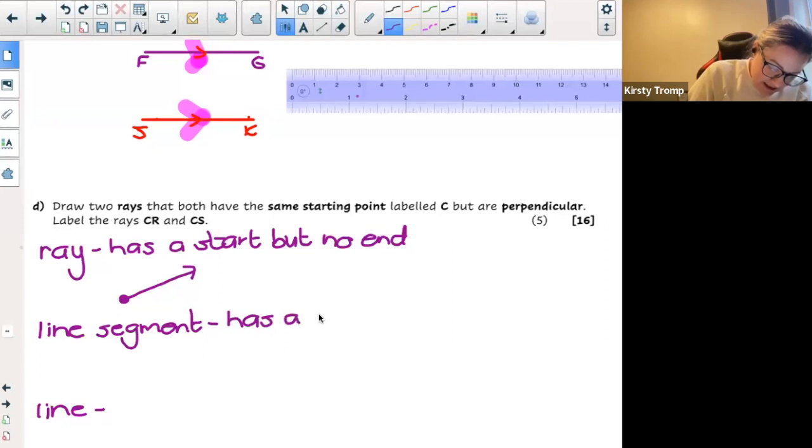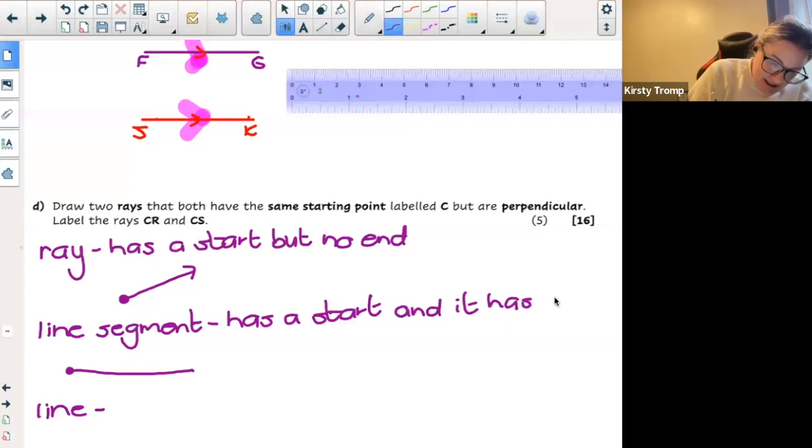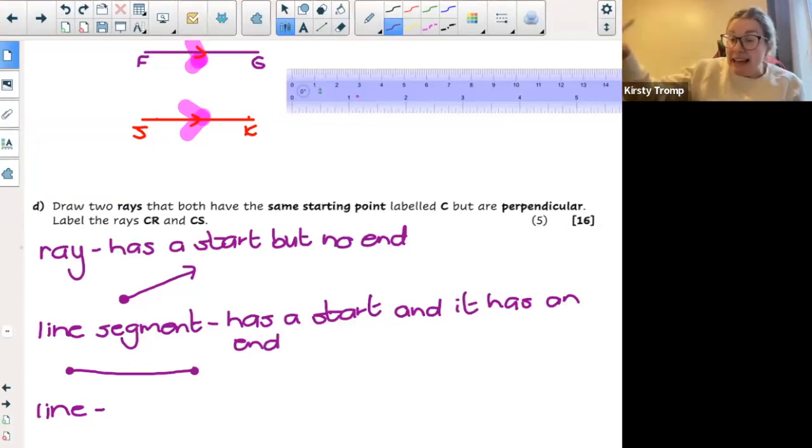And then it goes like that. And because it's a line segment, it has an end. Good. So it does have an end.